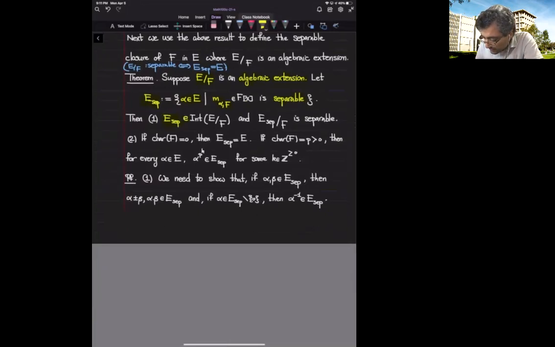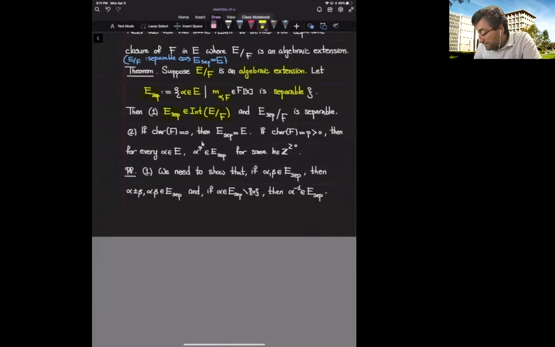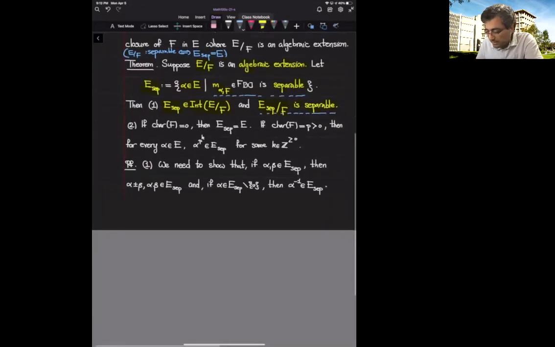I mean, this set being an intermediate subfield is a non-trivial fact. Then if we show it's a subfield, it's actually rather easy to see that this is a separable extension because every element inside this guy, the minimal polynomial, is automatically separable. So this part is immediate as soon as we show E sub sep is an intermediate subfield.